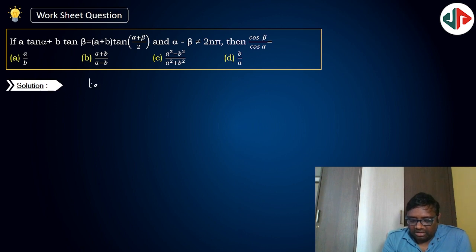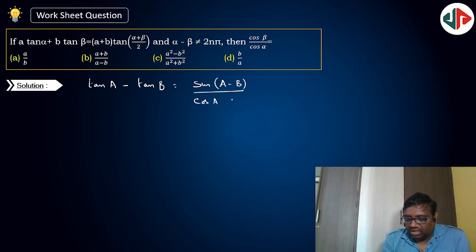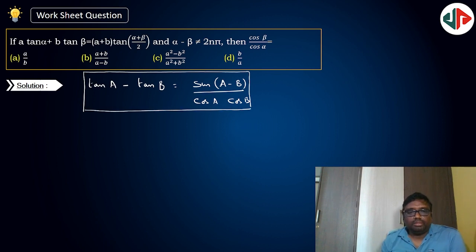If we consider tan A minus tan B, we can read it as sine of A minus B by cos A cos B. This is the one formula. Tan A minus tan B value is always equal to sine of A minus B by cos A cos B.